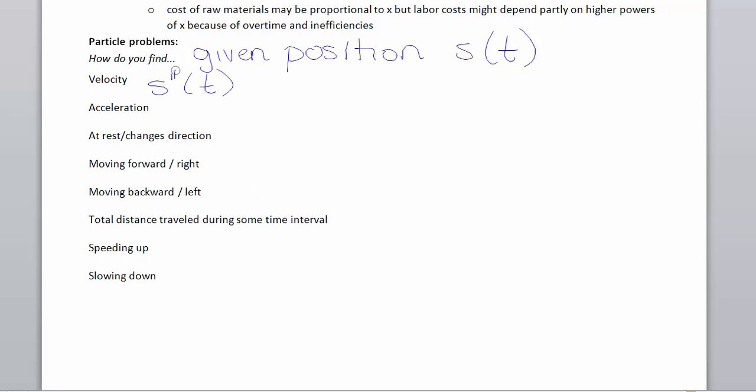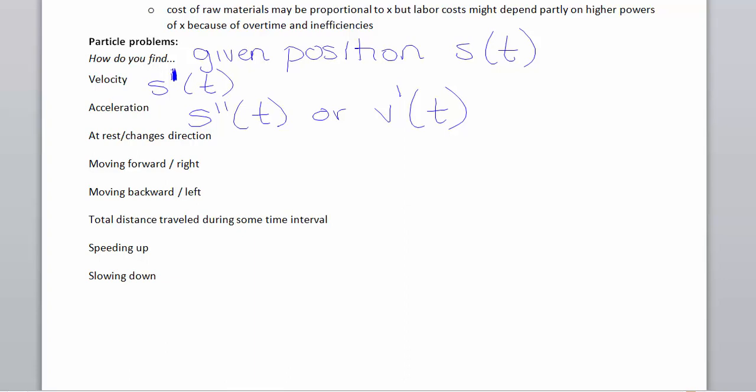Acceleration would be the second derivative of position, or the first derivative of velocity. If you're given position, to find velocity, you find the derivative. To find acceleration, you find the derivative of that.